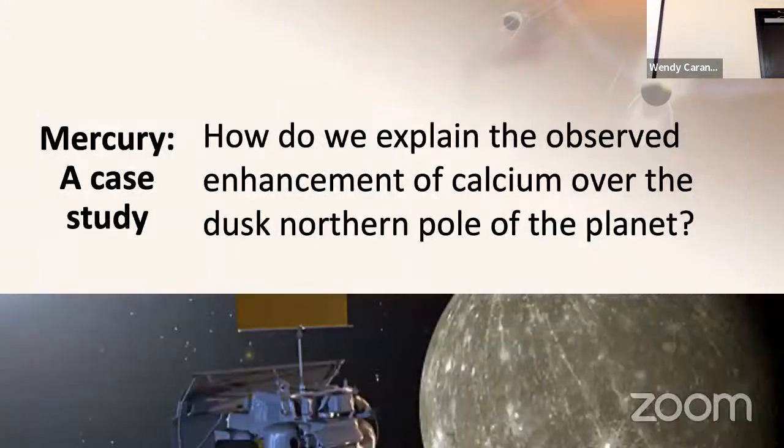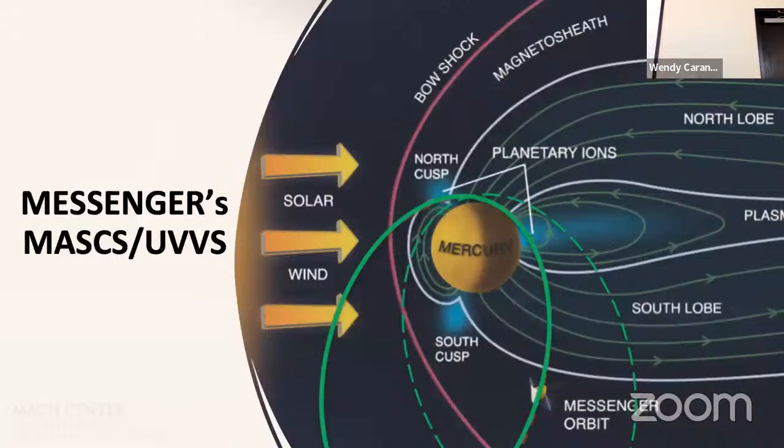And that research leads us to the research question: how do we explain the observed enhancements of calcium over the dusk northern pole of the planet? To answer this research question, we took a methodology which contained two different components. The first component was taking the observations we had from MESSENGER, specifically over this polar cusp region, and making a plot out of it.